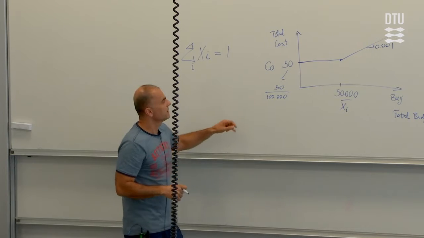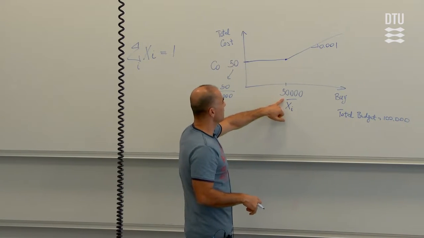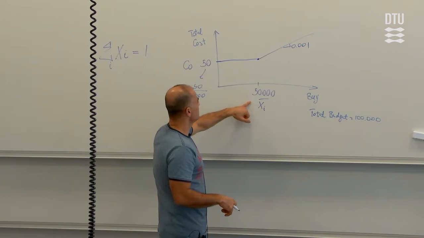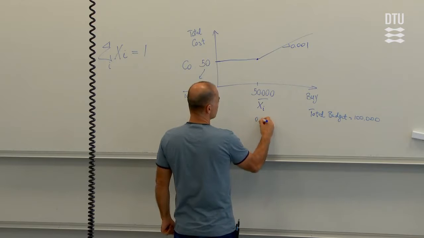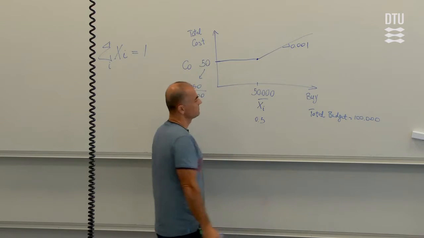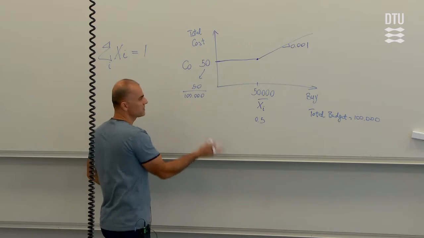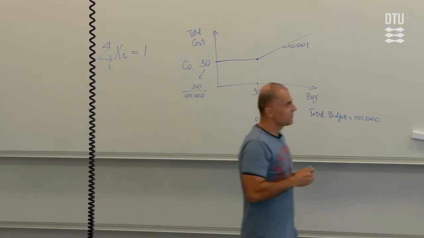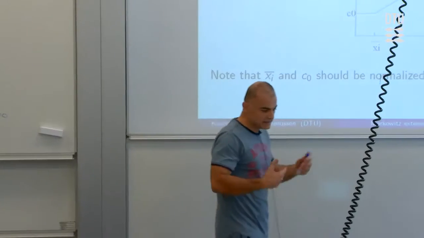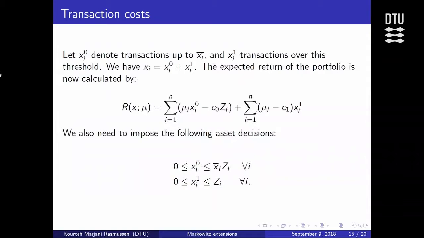And then for this one, the 50,000 is about the same thing again, so that would be 0.5, right? So that's normalization. These two numbers, and then you can go back and use the original model. Right, so that's the idea of what we're going to do for the next 10 minutes or so.